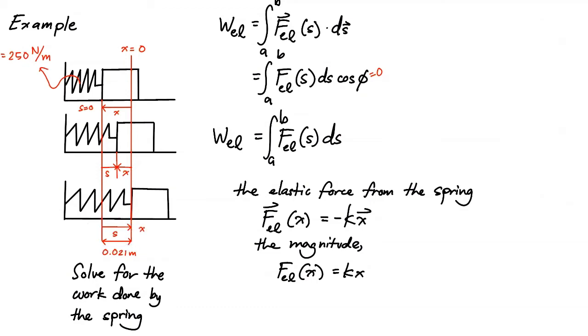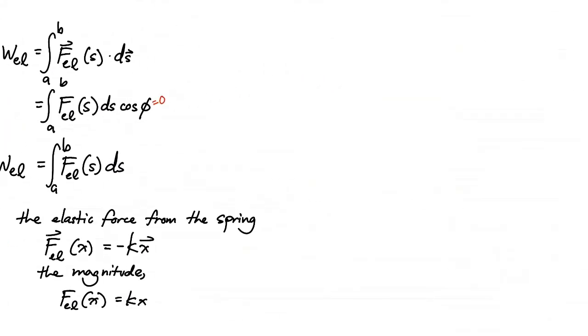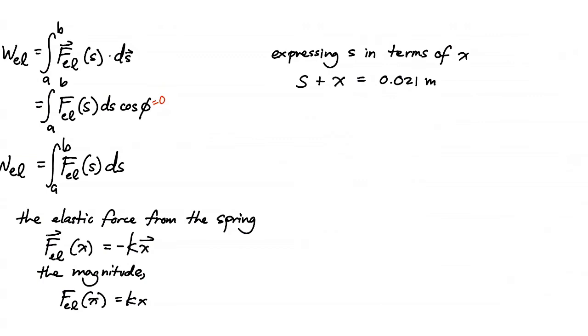Tapos ang ating X, since bumalik na siya sa kanyang original unstretched length, yung ating spring, then 0 na siya dito. So we can see from this idea pa lang, we can actually express yung ating displacement S in terms of the compression X. So, S plus X is equal to 0.021 meters. So, we can see this to be true for any point doon sa motion ng ating box.